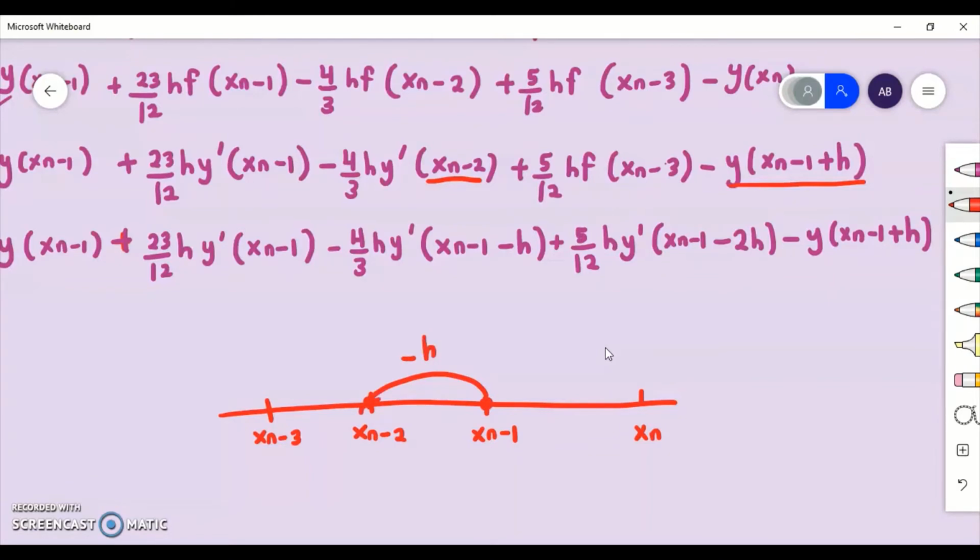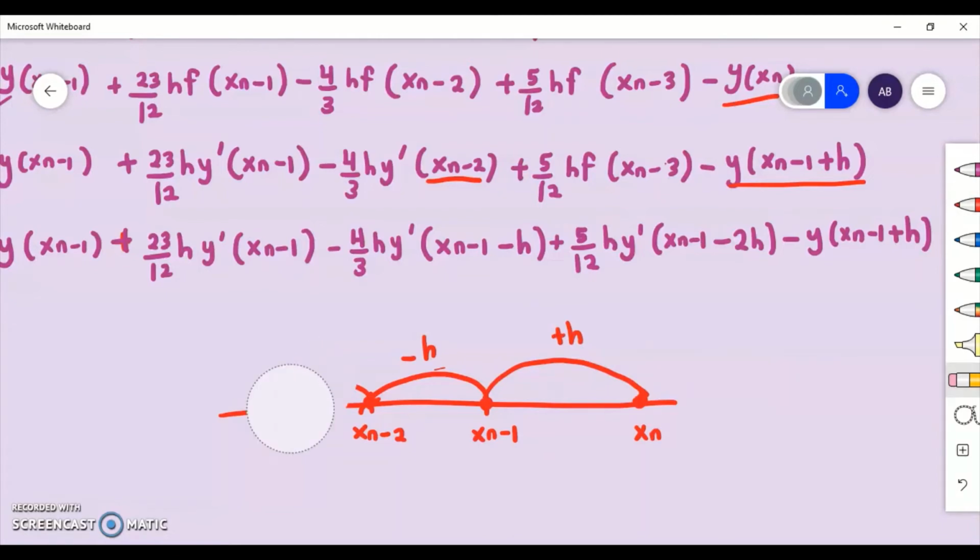And then to get to x_{n-3} here, I will start with x_{n-1} minus h minus h. So that's why I got negative 2h. Now for x_n here, y will become x_{n-1} plus h because I'm going forward. x_{n-1} plus h gives me x_n.